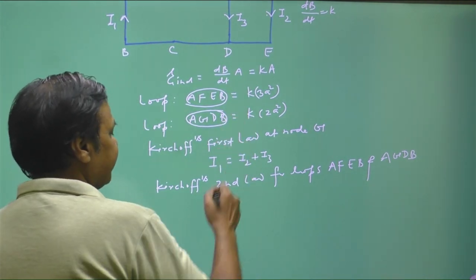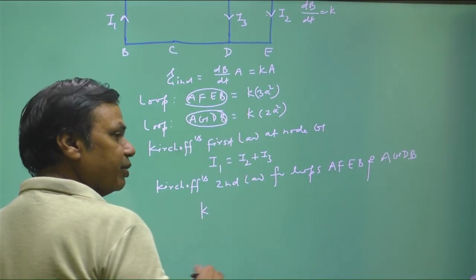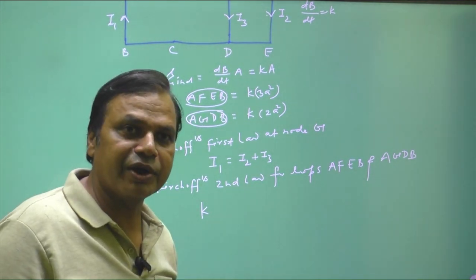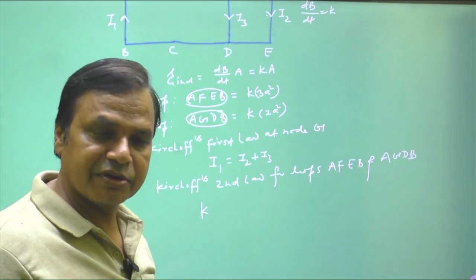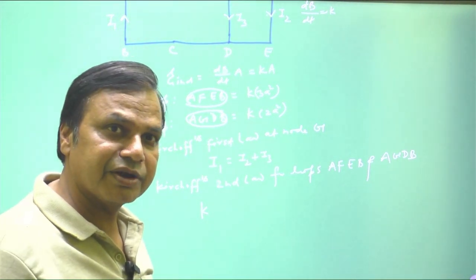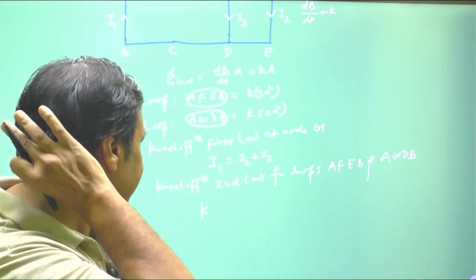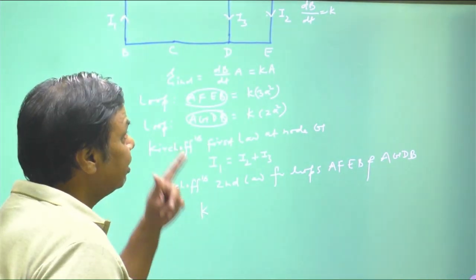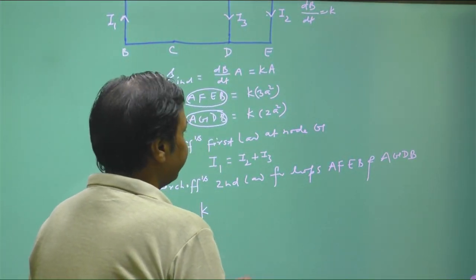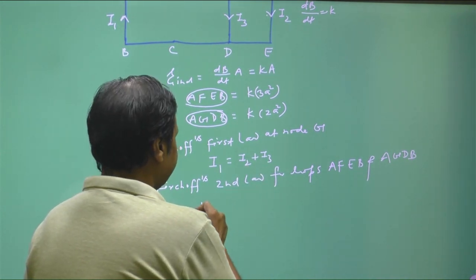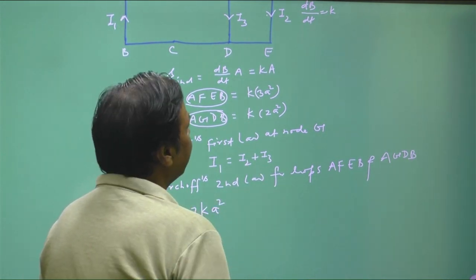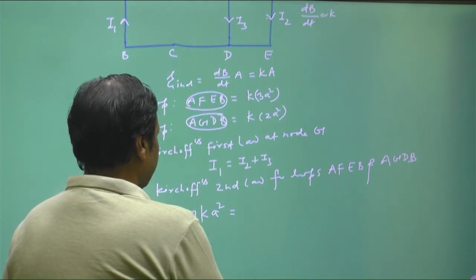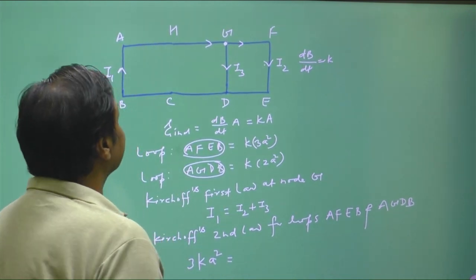The EMF is equal to the net voltage provided to the circuit. Net EMF in the circuit equals the net IR terms, the voltages they are consuming. So the net EMF in this loop is K 3A square, and what voltages are they consuming?